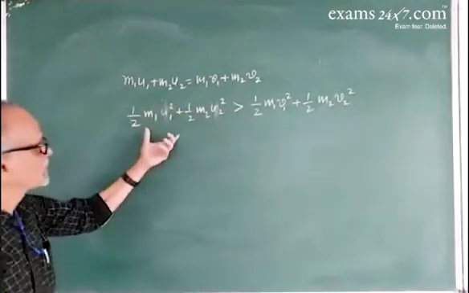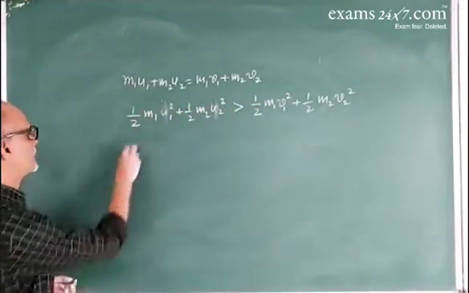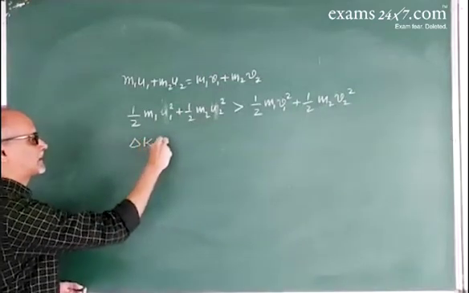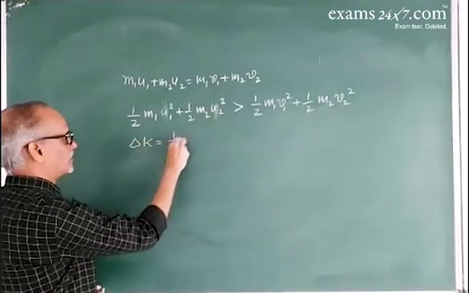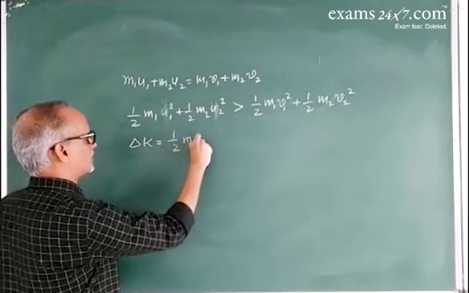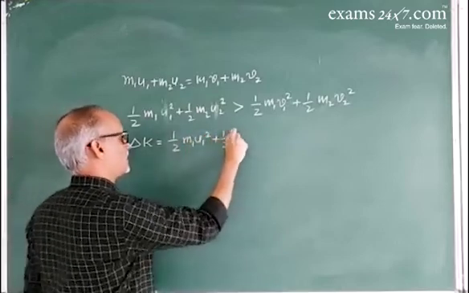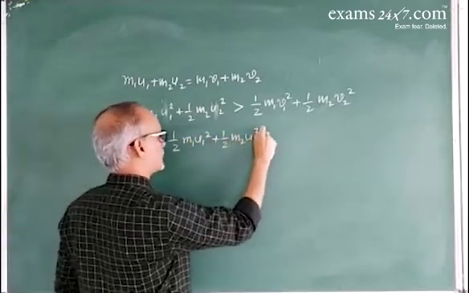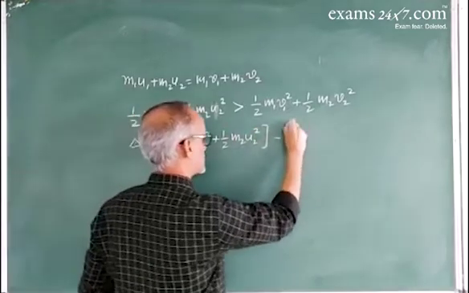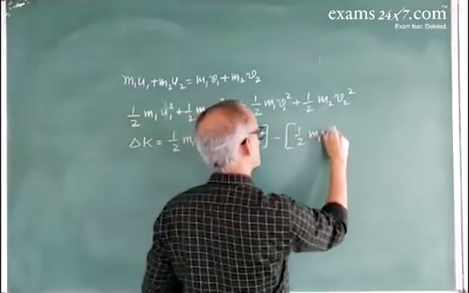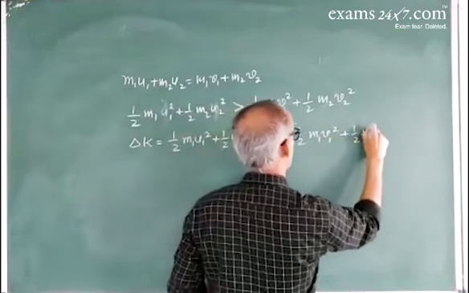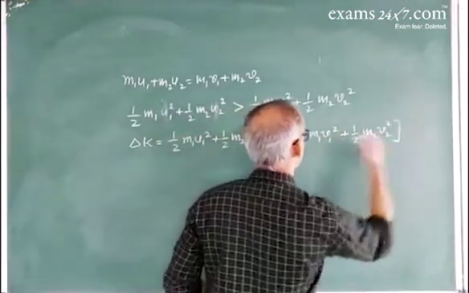So the total initial energy is greater. That's why you can always find the loss of energy, delta K, that is equal to the total energy before the collision, half m1 u1 square plus half m2 u2 square, minus half m1 v1 square plus half m2 v2 square.